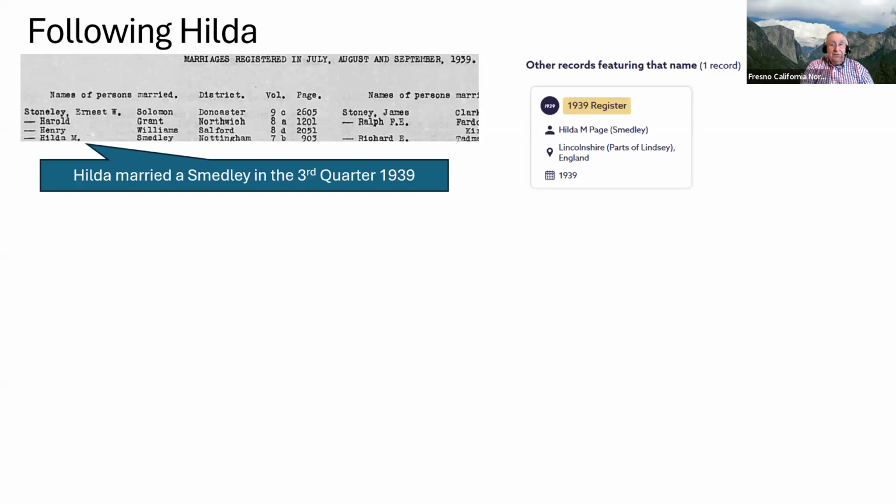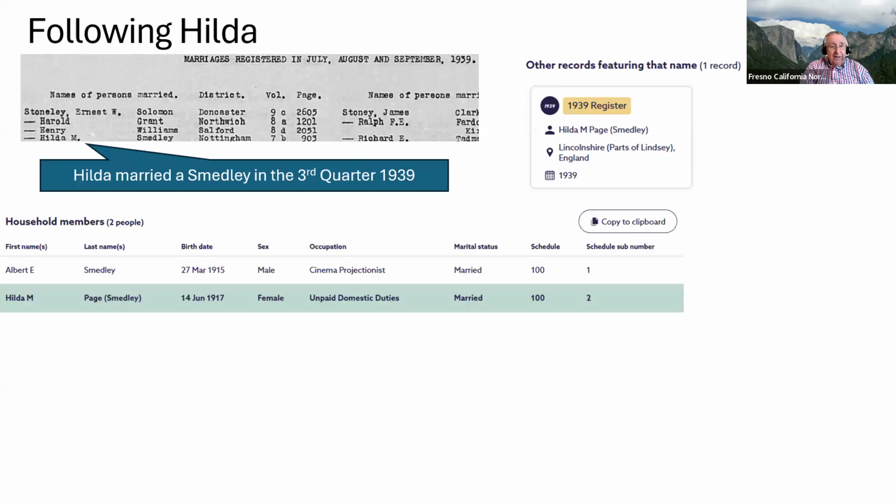Or I can go, in this case, to the 1939 register, and she shows up there because the register was taken late enough in the year that even though they married somewhere between July and September, they were shown married in 1939 with their full birth dates, and the fact that he was a cinema projectionist and she was an unpaid domestic, which I think means housekeeper.